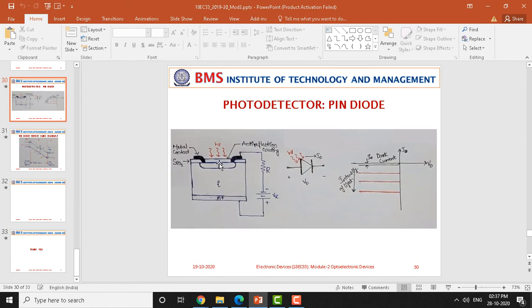These two will behave like parallel plates, and when we have parallel semiconductors like this, it behaves like a capacitor. There is a capacitance within this pin diode, and there is a resistance here, and the product of this resistance and capacitance gives the tau, which is nothing but the delay time.